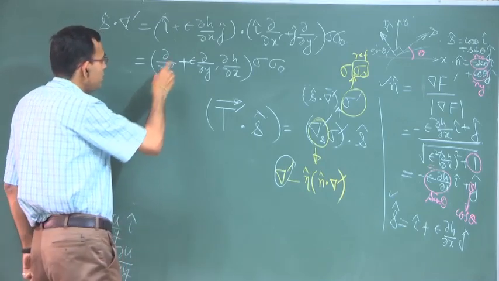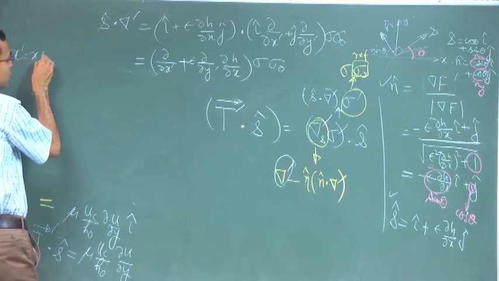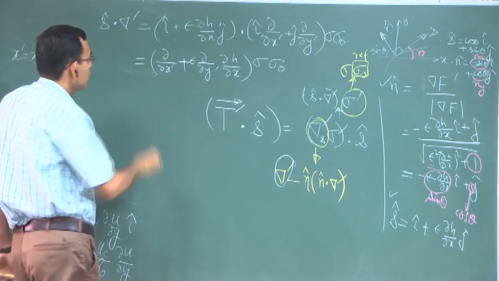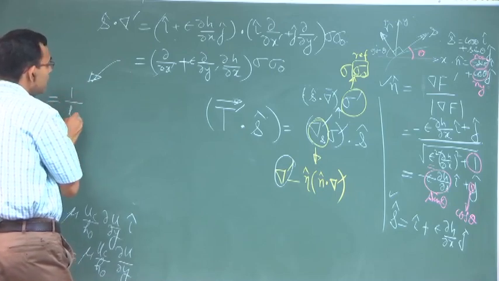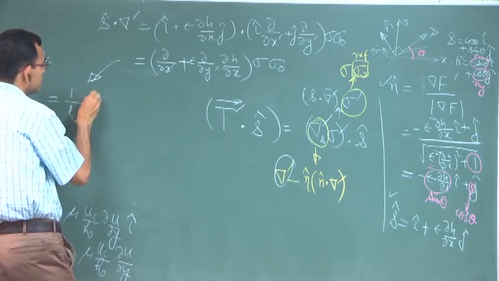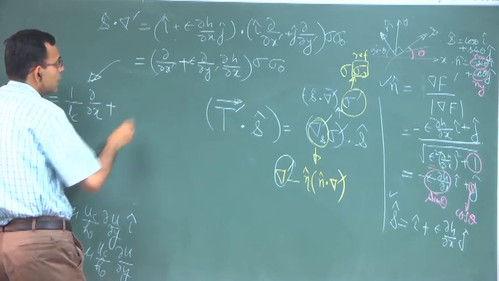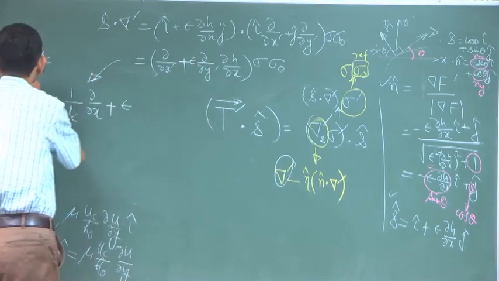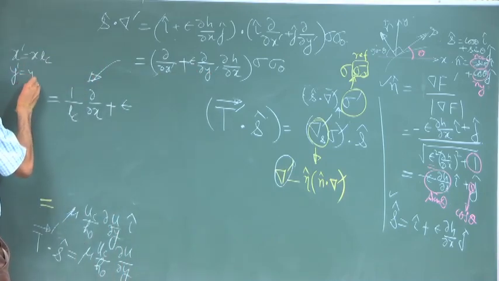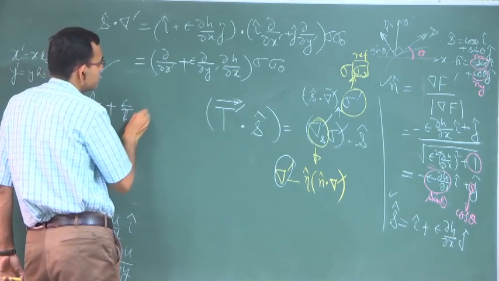Now, x prime is equal to x into LC, so you can write this as 1 by LC. y prime is y into h naught, so epsilon by h naught.